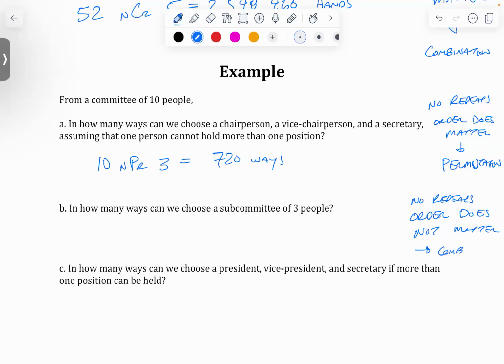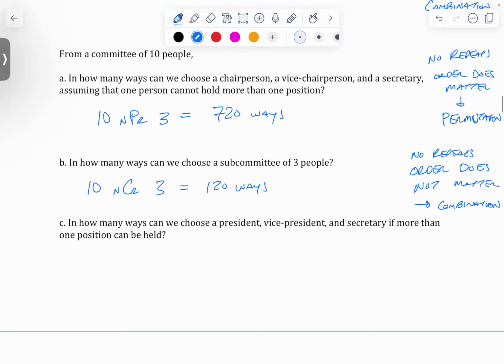That's a combination. Because if I'm just selecting any 3 people, it doesn't matter if I get selected first or third, I ended up on the committee. So that's 10 nCr 3, which is 120 ways.